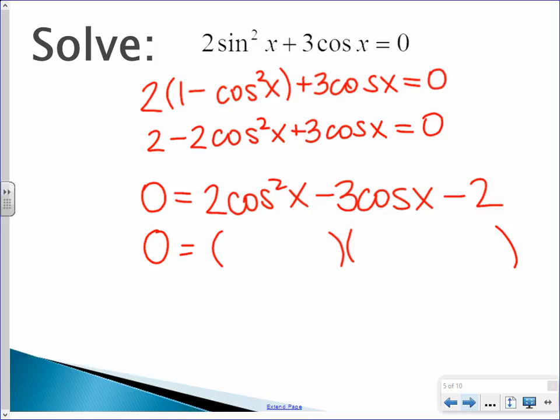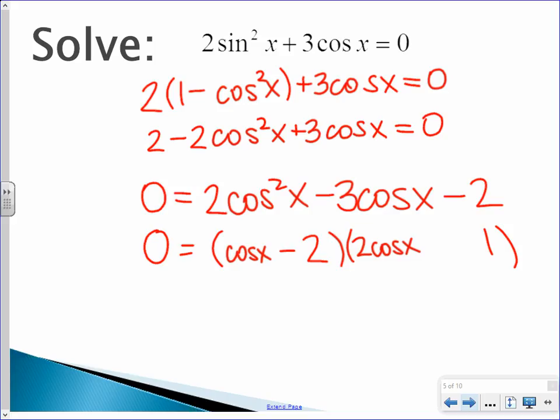Okay? Well, we know we need a cosine of x times a 2 cosine of x. Well, and the only place for 2 to go is here, because we can't have 2 terms with a GCF when we factor. Which one needs to be negative, the 2 or the 1? The 2.